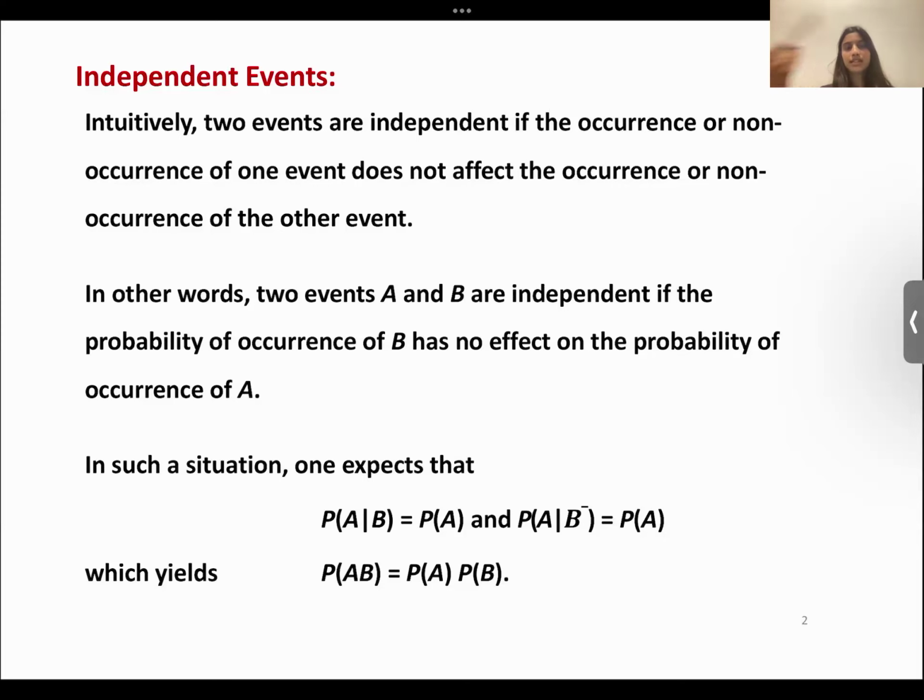If you draw a king from the deck of cards, the event of a heart does not depend on whether you get a king or not. That's why these two events are independent. The probability of drawing a heart remains unchanged, irrespective of what happens in the previous event K. That's why these are called independent events.